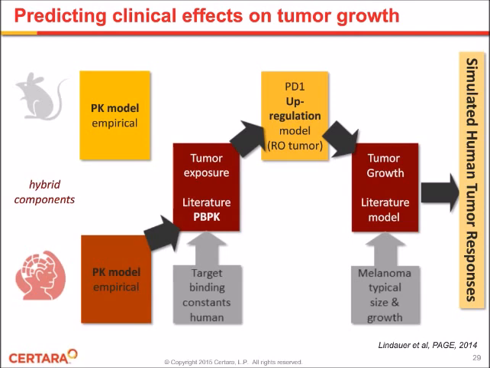So we incorporated the human constants. We had the upregulation piece, and then there was a tumor growth piece in which we replaced the growth rate with typical melanoma growth rate from literature. And that was then used to simulate human tumor responses under a range of dose regimens with pembrolizumab.